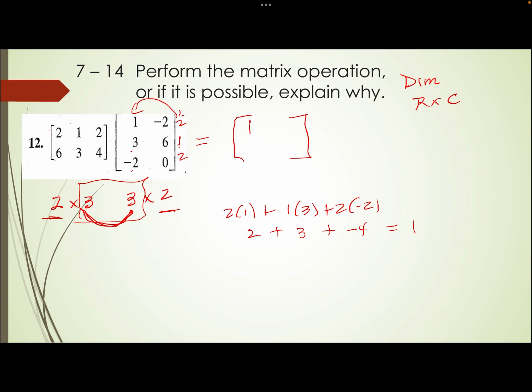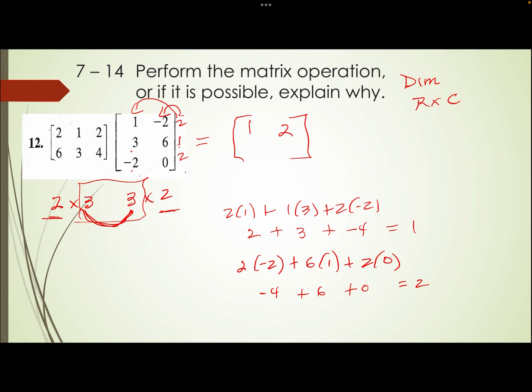Then I go on to the next column, and I get 2 times negative 2 plus 6 times 1 plus 2 times 0. So I get negative 4 plus 6 plus 0, which is 2. So I put a 2 right here.